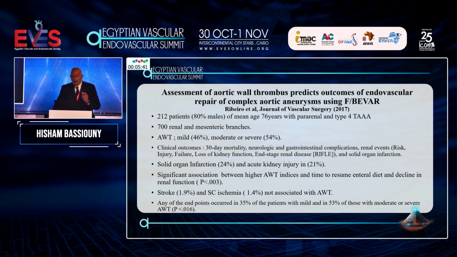There's a significant association between higher aortic wall thrombus indices and time to resume enteral diet and decline in renal function. Interestingly enough, stroke and spinal cord ischemia were not associated with this, perhaps because the spinal arteries were covered with thrombus.